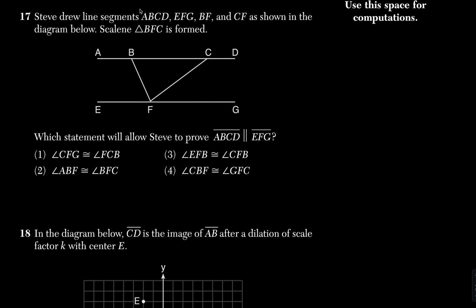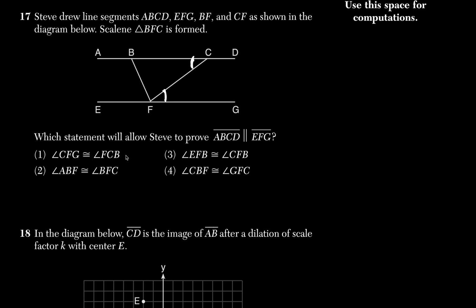Okay, Steve drew a line segment ABCD, EFG, BF, and CF as shown in the diagram below. You have a scalene triangle that is formed. Which statement will allow Steve to prove that this line here is parallel to that line? So let's see, angle CFG, this angle here, is congruent to FCB, this angle here.